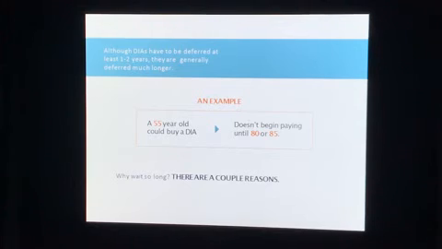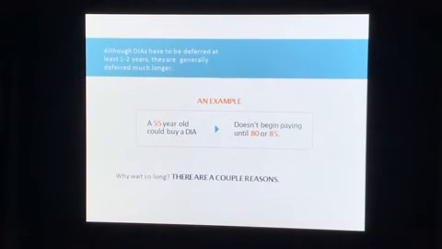Although a DIA has to be deferred at least 1 to 2 years, they are generally deferred much longer, just like different pension funds or retirement funds. You pay today to get monthly benefits once you get retired.